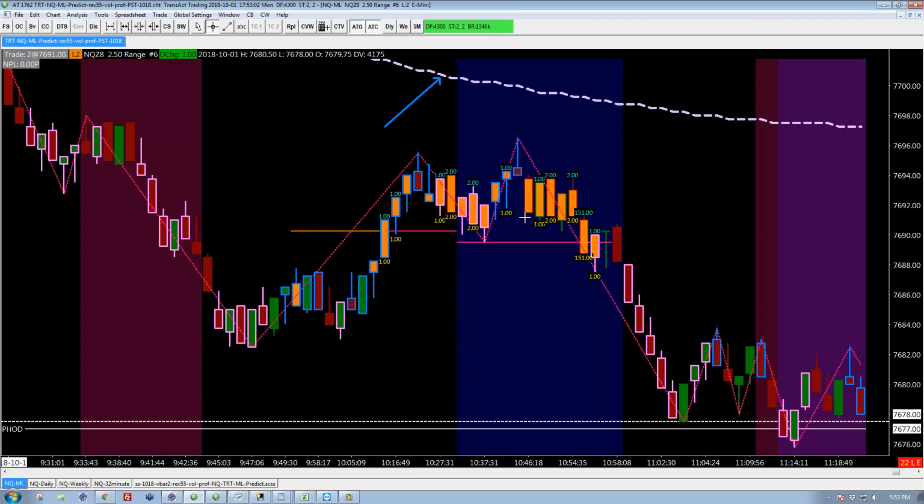All right, but again, I need a really clear signal. The only clear signal I get actually looks like a long, which is a 151. But you'll notice the blue background. The blue background says you're not allowed to get long. And the reason is that you are now outside the value area and these points are too close together in distance.